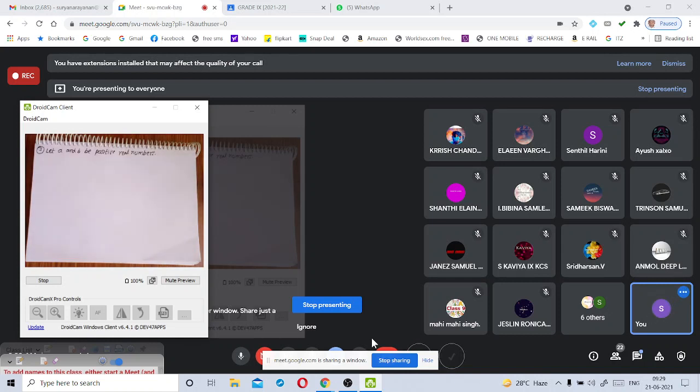Please tell me how many exercises. So far we have completed 1.4 exercise. Four exercises were completed so far in this chapter.